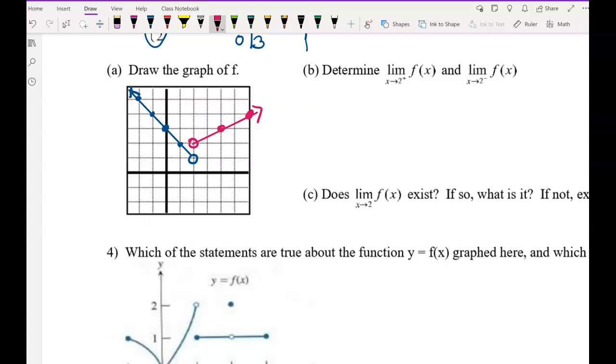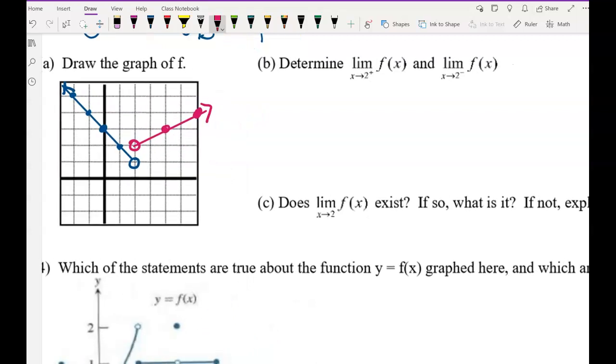Part B says, determine the limit. The right-hand limit as x is approaching 2 of this function. The right-hand limit means you're coming from the right side. So the right is over here. I'm standing on the right side and walking towards 2.